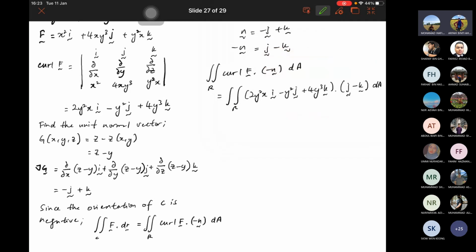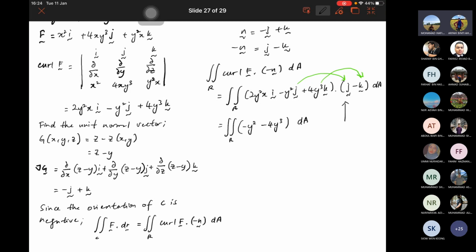Okay. So from here buat dia punya cross product. So integration over the bounded region R, negative y squared minus 4y cubed dA. Okay, apakah dia punya boundary of the integration?